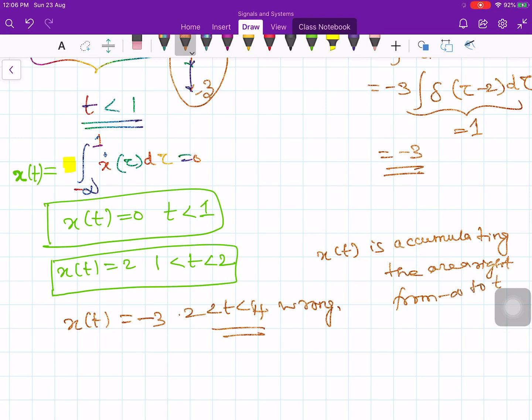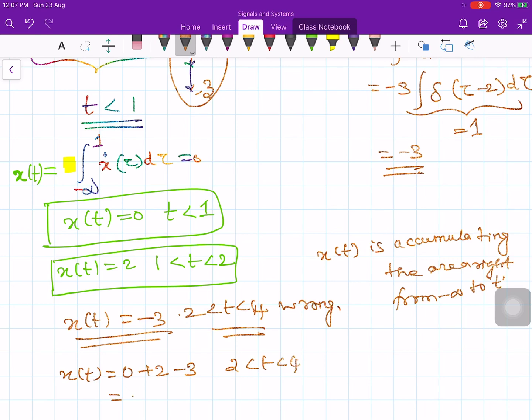Therefore, whenever I want to write it, I have to add all the areas. So x of t is equal to 0 plus 2 minus 3, for t less than 4. Therefore, this is minus 1.